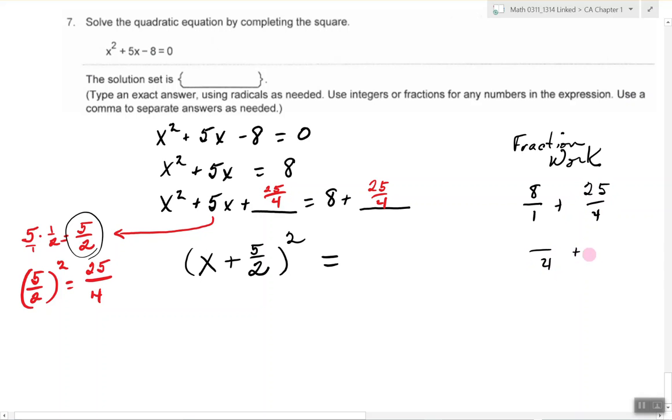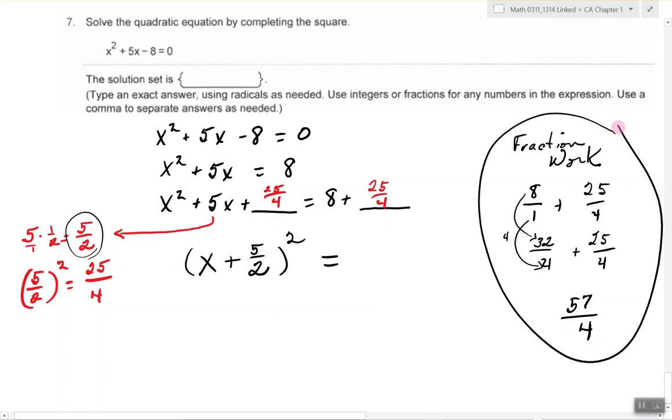Keep my 4. 1 goes into 4 4 times. 4 times 8 is 32. No change over here. So I'm going to add those for 57 over 4. That was my fraction work. 57 over 4.